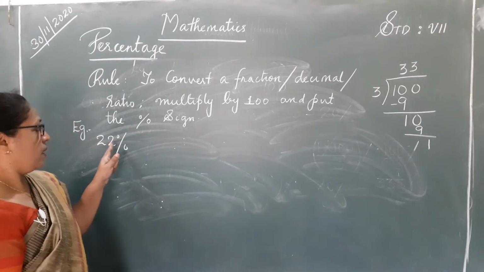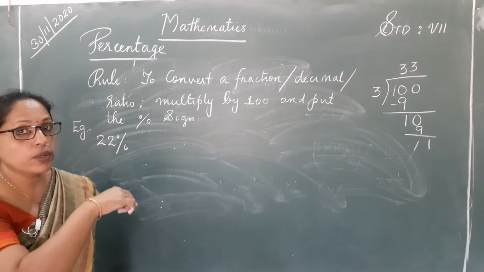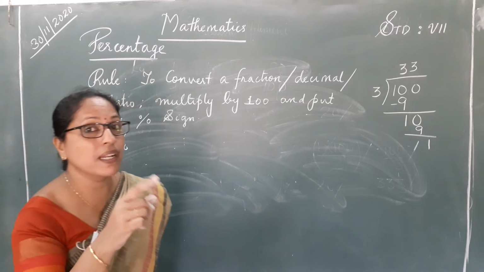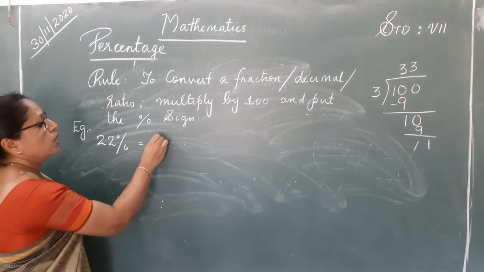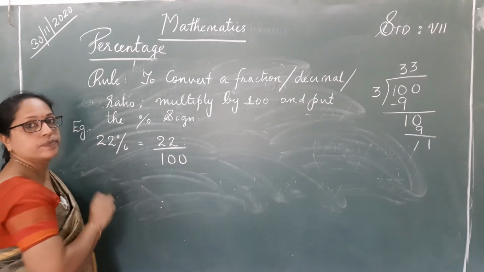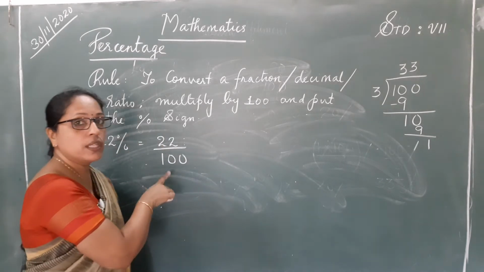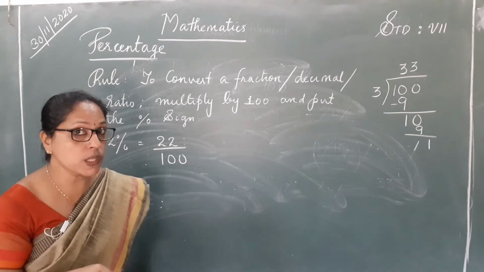22%. How do you change it into a fraction? I showed already 22% means per 100. Percentage is per 100. So how can we change it? 22 by 100. Okay, so this is a fraction with the denominator 100. How can we put this fraction in the lowest form?